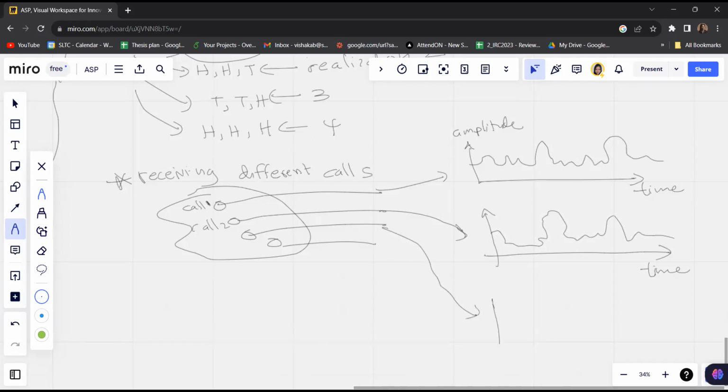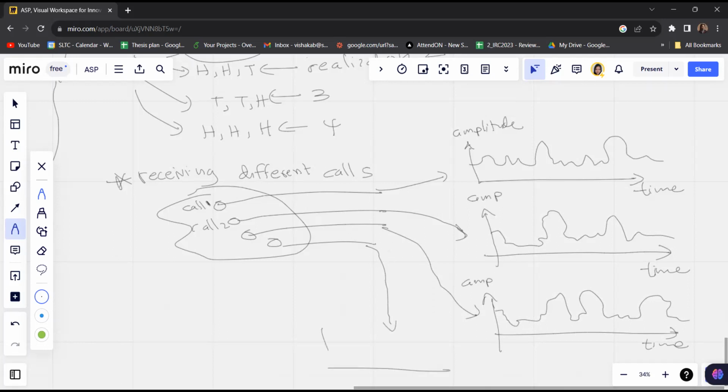Likewise, we will have another sequence of signal outputs which will be different from what we had in all the previous cases, and the amplitude of the signal will vary differently. The amplitude will vary differently each and every time a new call is coming, right?